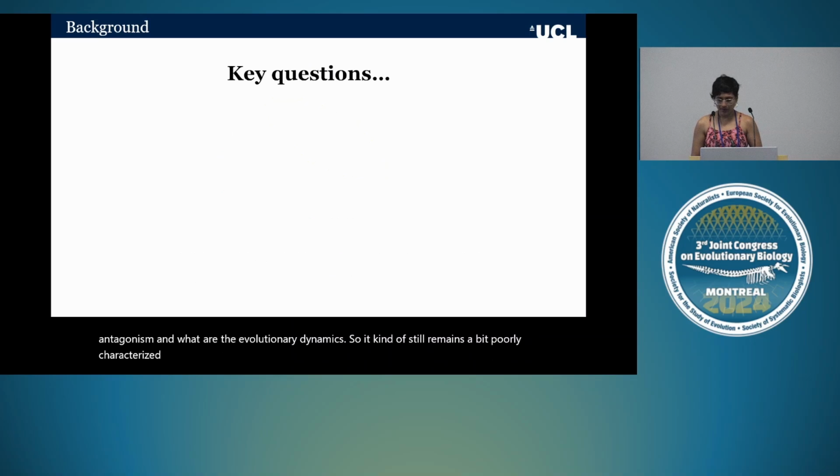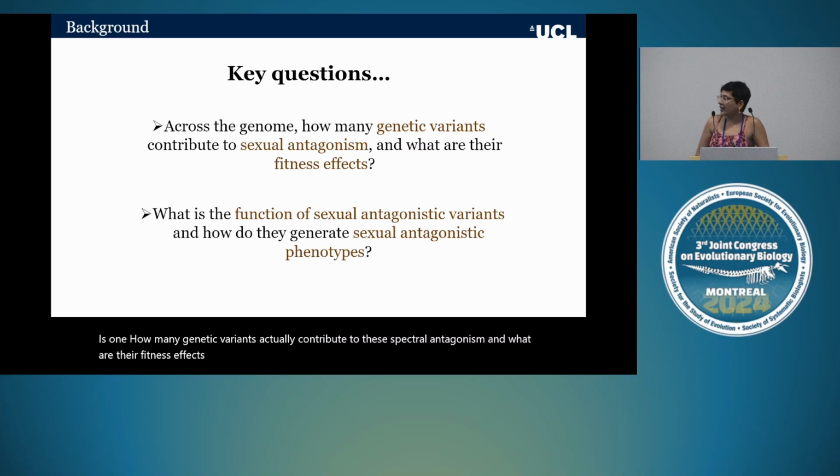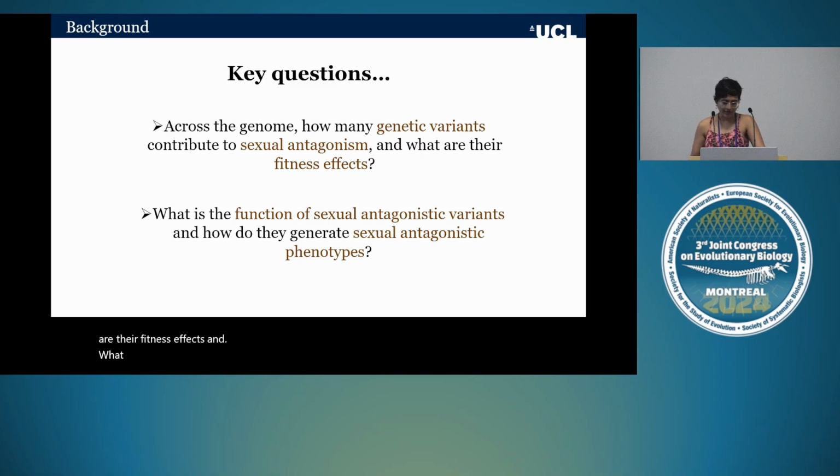Two of the key questions that the field still lacks clarity on are, one, how many genetic variants actually contribute to sexual antagonism, and what are their fitness effects? And two, what is the function of sexually antagonistic variants, and how do they actually generate these different sexually antagonistic phenotypes?